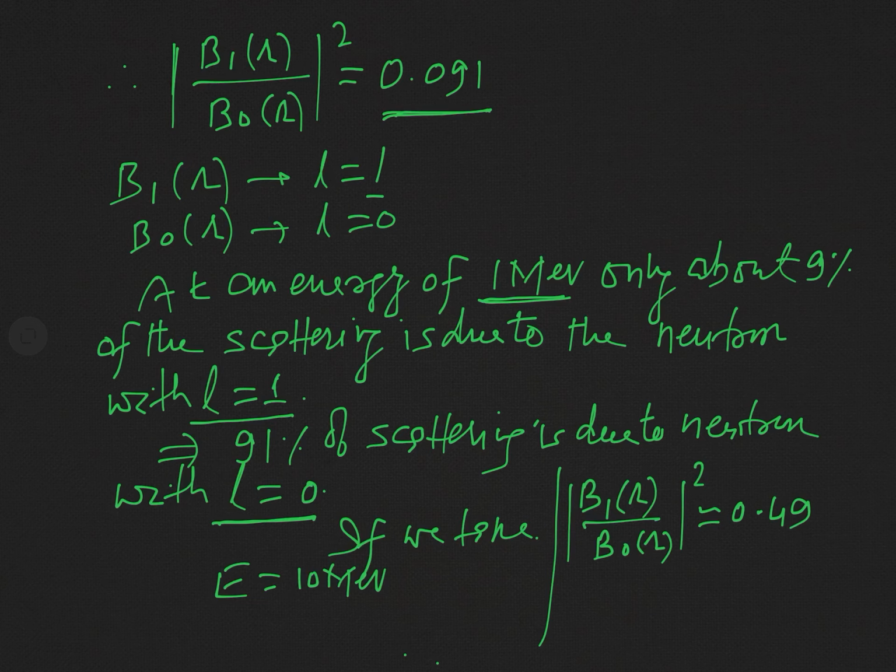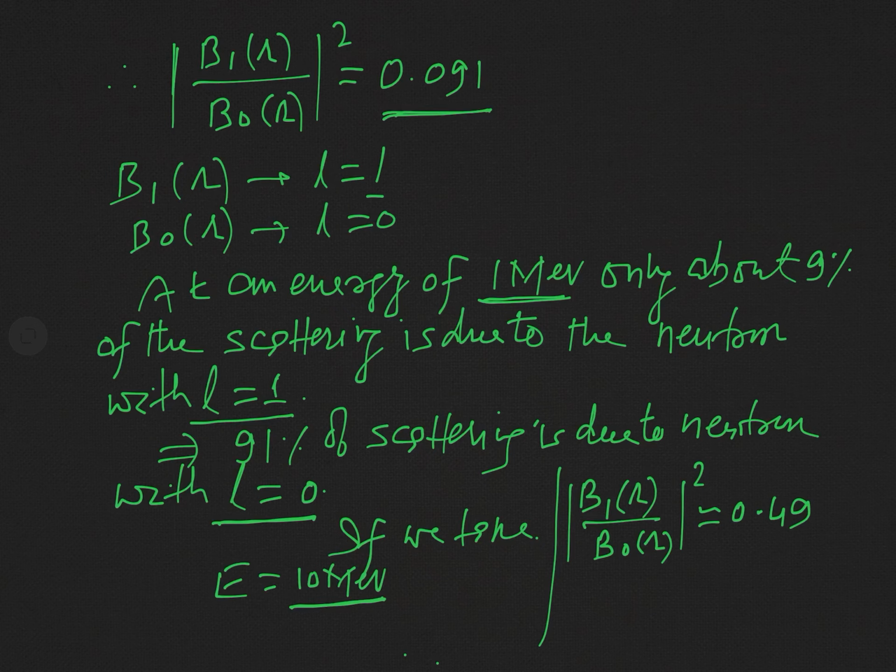What this result refers to is that even when the energy of the striking neutron is 10 mega electron volt, almost 49% of scattering is due to L equal to 1.